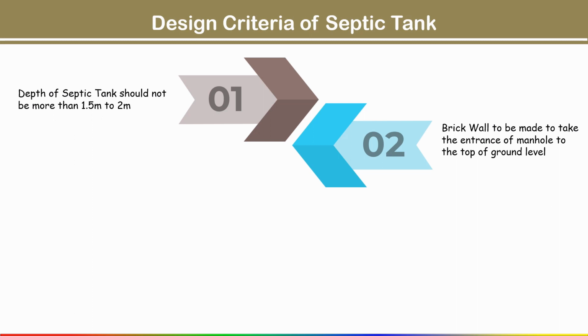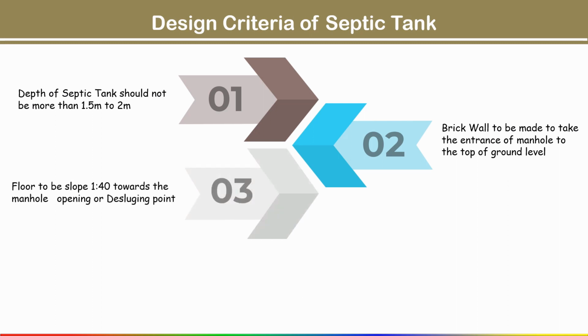That is why we provide a brick wall. Third, the septic tank floor is to be sloped 1:40 towards the manhole opening or desludging point. While designing we have to remember all these points.